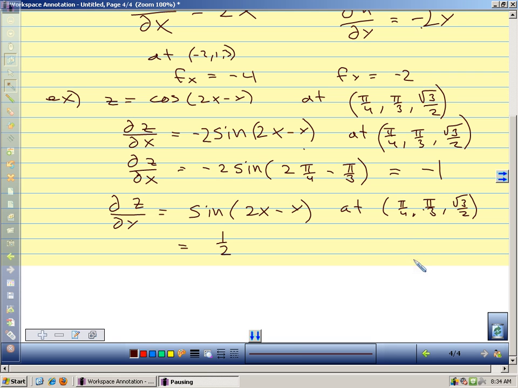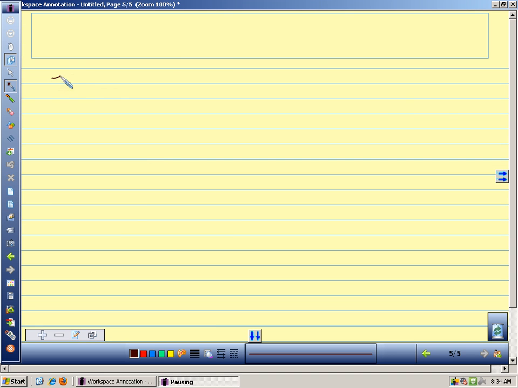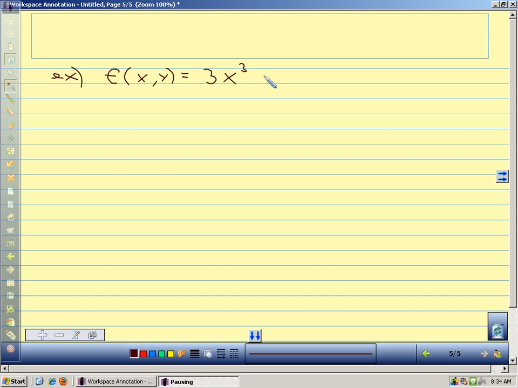Let's do one that's a little more challenging. Calculating the partials is not more challenging, but the idea of the problem is. Did anyone have questions before we move on? All right, so we have f of xy equals 3x cubed, sorry, couldn't read my writing, minus 12xy plus y cubed.